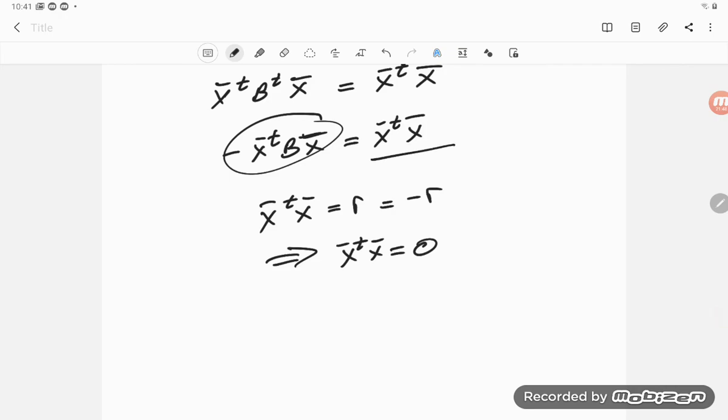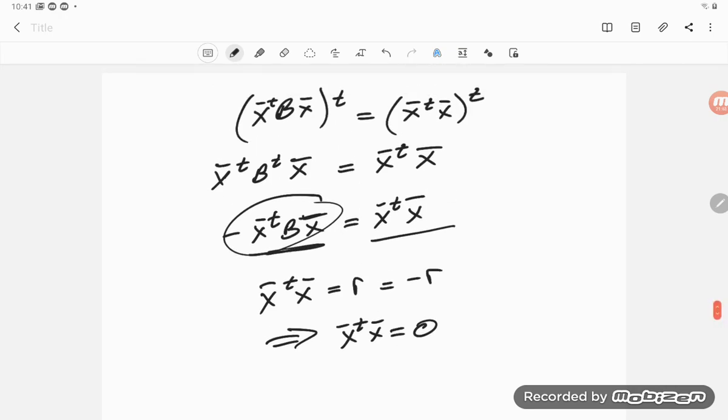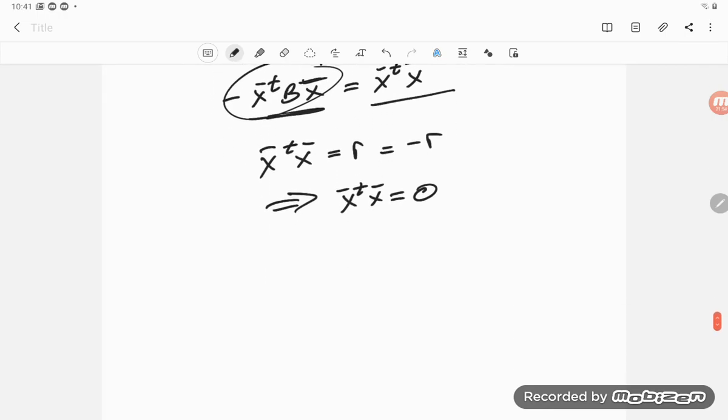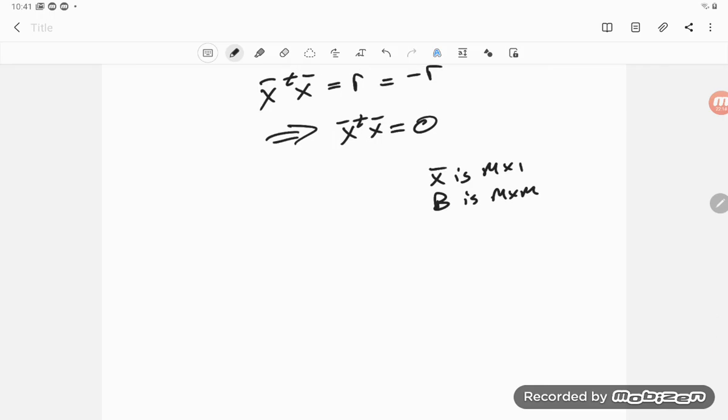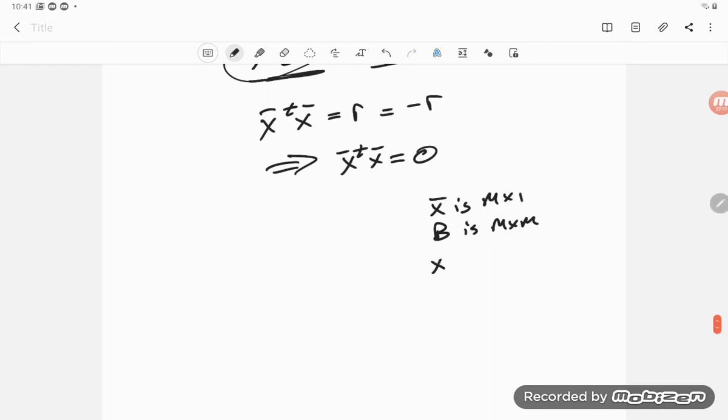Because again, this is a real number. You might want to convince yourself of that. X is a vector, an M by 1 vector. B has to be M by M to make all this stuff make sense. So when you take X transpose, it is 1 by M. And so when I take X transpose times X, I get 1 by M times M by 1.